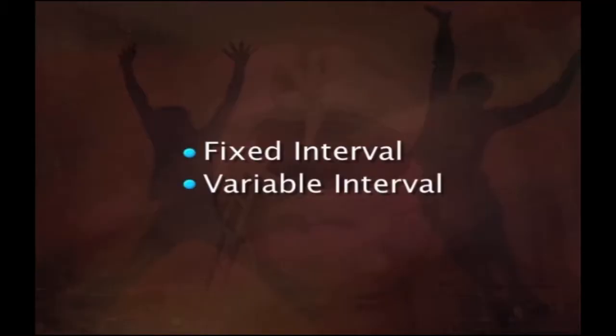We'll look at interval schedules a bit deeper when I explain those types. Interval schedules are of 2 types: fixed interval and variable interval. Interval, as I said earlier, is purely based on time, and ratio is purely based on response.